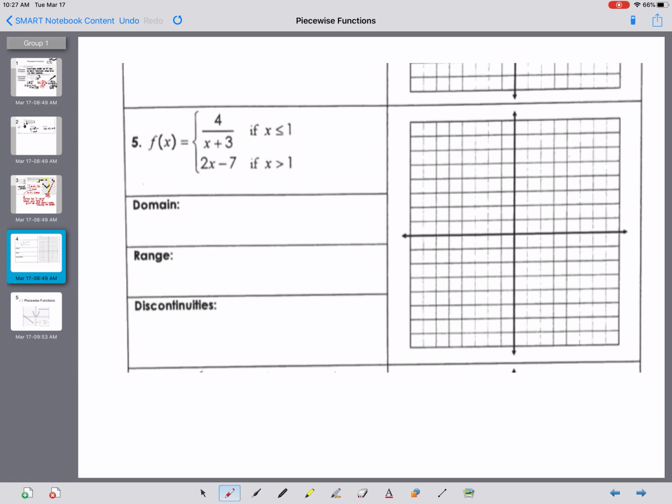So I'm going to skip to number 5. The reason why I'm skipping to number 5 is because this one is kind of a tricky function. So if I look, I still got 2 parts. Here's my first one. Here's my second one. My first function, if you look at your function sheet, this should be considered a rational function.